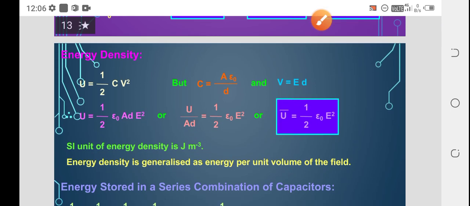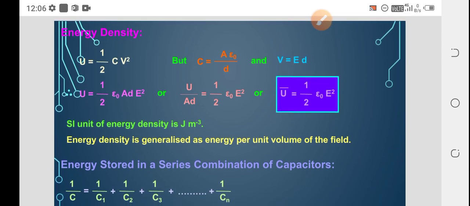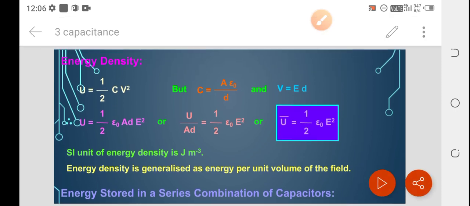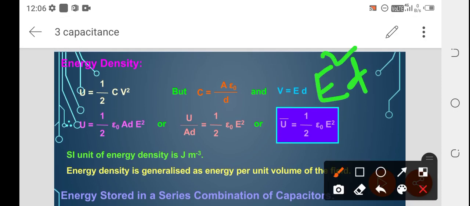Now the topic is the energy density. Here the work done, in the form of potential energy, is 1 by 2 CV square. From the previous slide, for a parallel plate capacitor, C equals A epsilon naught by d, and V equals Ed. So V square is E square d square.